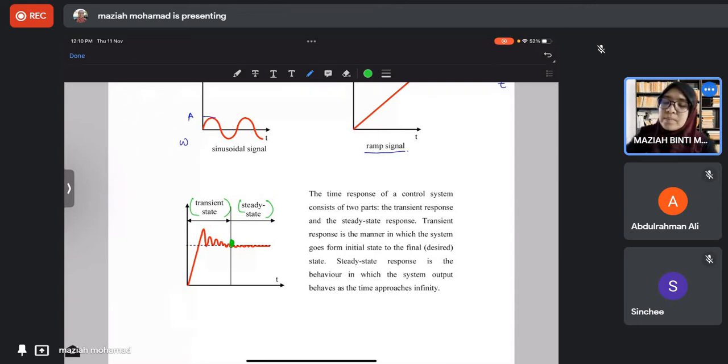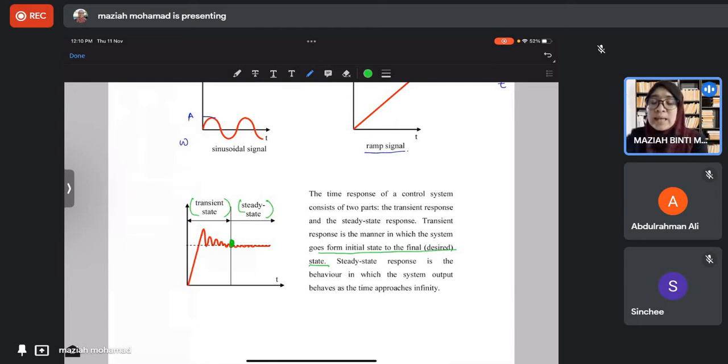Okay, so transient is starting from the initial to the final state, which is one stable value. Once it reaches the stable value, the value will not have very many changes, maybe plus or minus 1% or so.